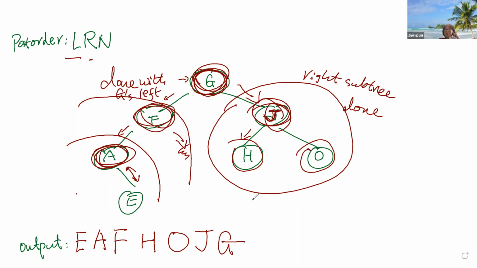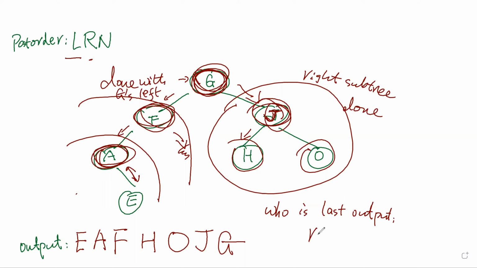So then for the post order, who is the last node? Who is the last output? Root node. Yeah, it's going to be the root node.